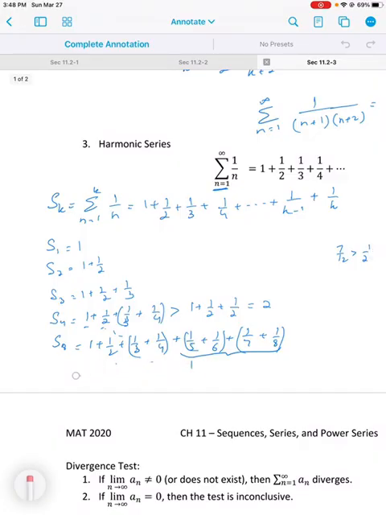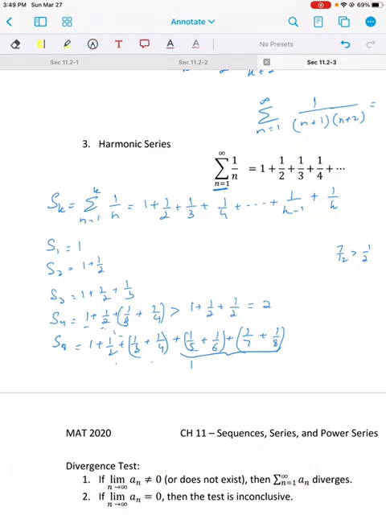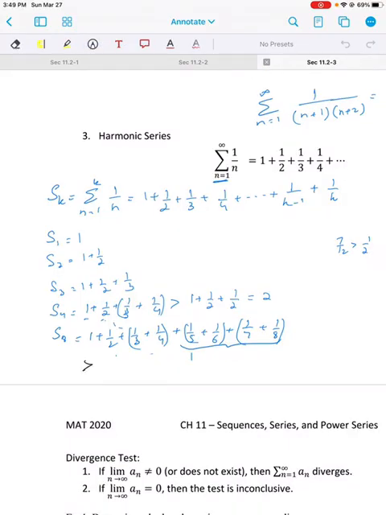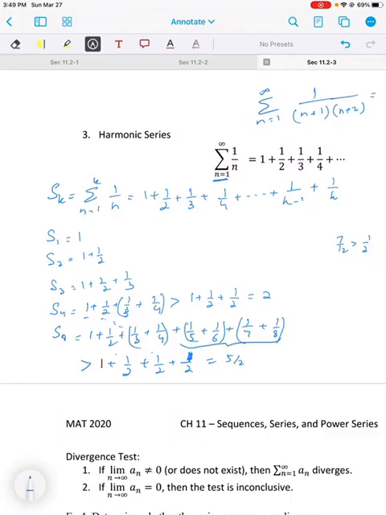I'm going to say that this sum will give me something which is bigger than 1 plus 1/2 plus 1/2 plus 1/2. Okay, so this is bigger than, and if you notice, this one is coming out to be 5/2.